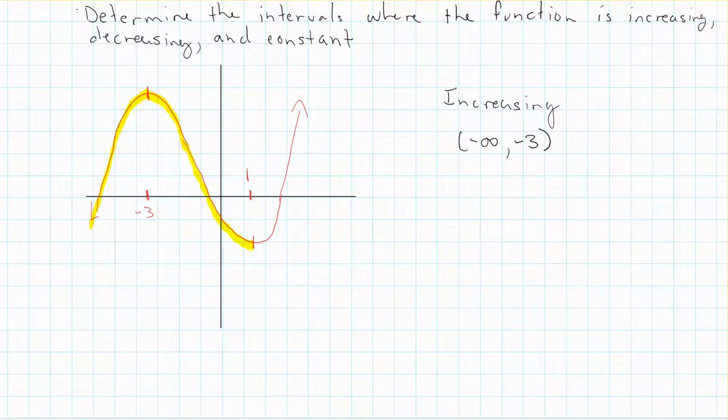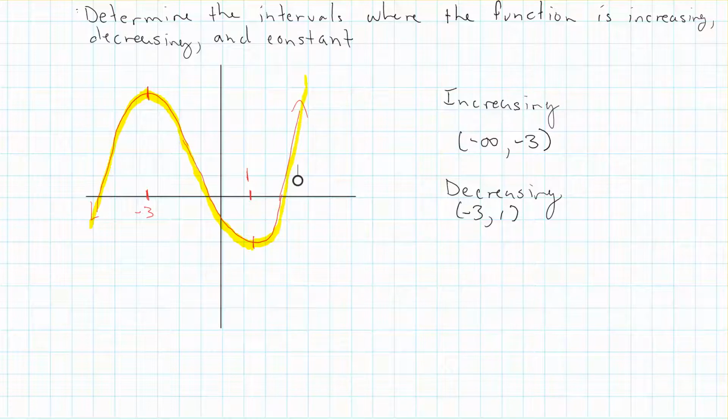And so I am decreasing from -3 to 1. Finally, I've got one more interval to look at, and it's going back up. And so I am also increasing from 1 to infinity.